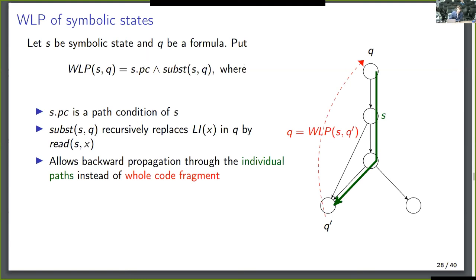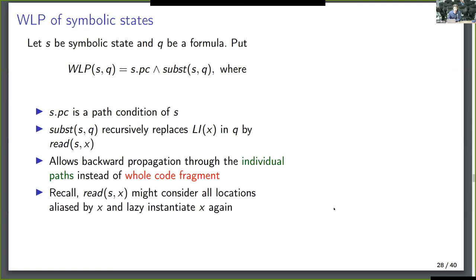First, it allows us to compute the weakest liberal precondition through the individual path instead of the whole code, like we obtain in some weakest liberal precondition evaluations, for example, in higher order logic. And the second one is that this lazy instantiation approach allows us to consider correctly the cases of pointer aliasing.